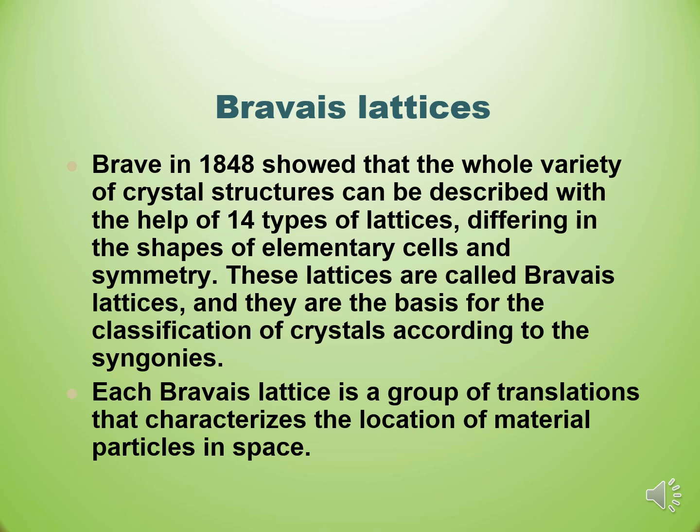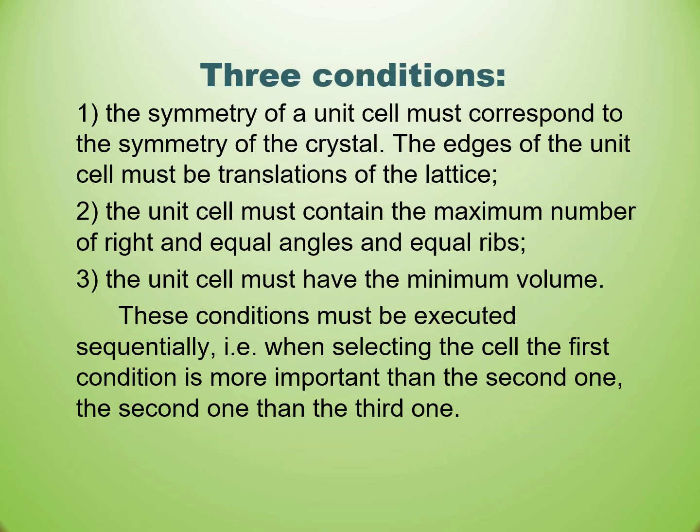To select the Bravais cell, three conditions are used. The first, the symmetry of a unit cell must correspond to the symmetry of the crystal. The edge of the unit cell must be a translation of the lattice.